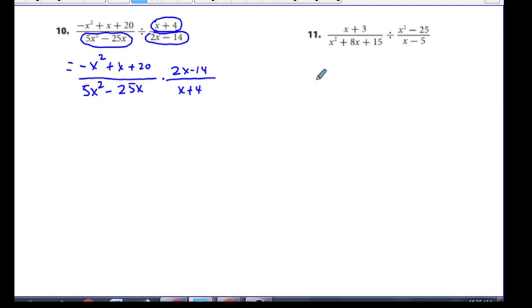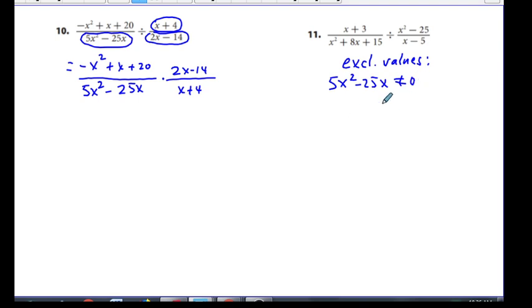So we have 5x squared minus 25x cannot equal 0.